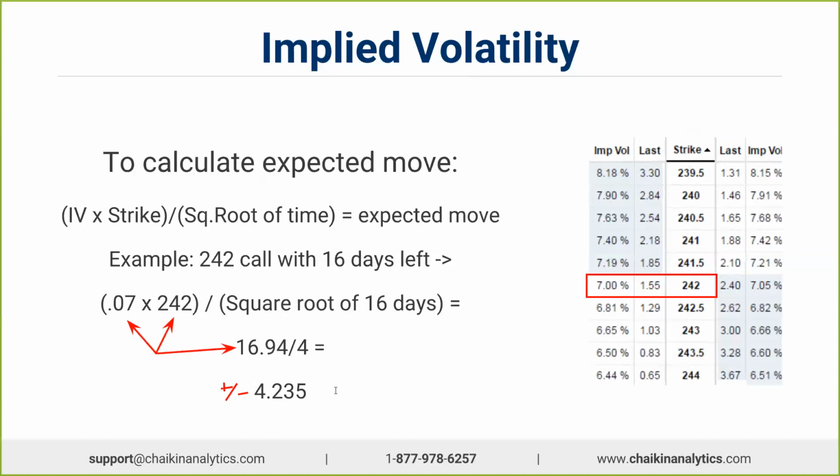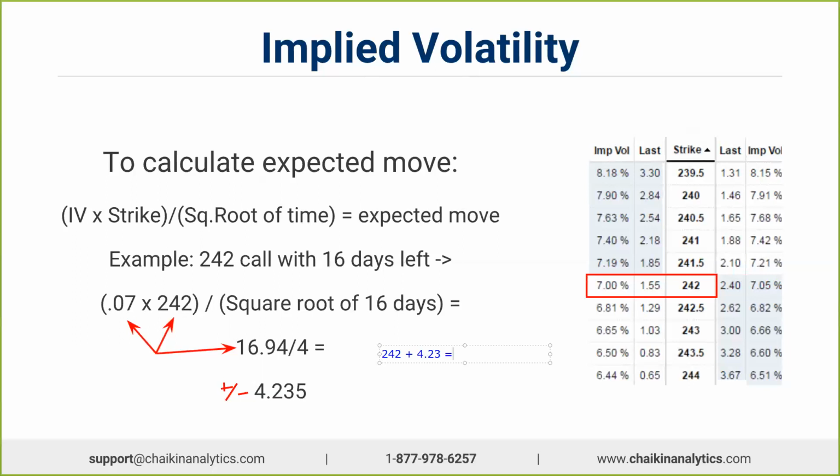How did I get that? So I take the strike, 242, and then I add the expected move, which is 4.23. We're just going to truncate it.